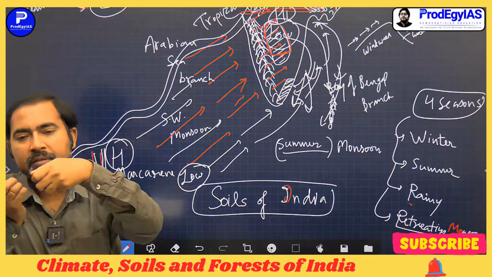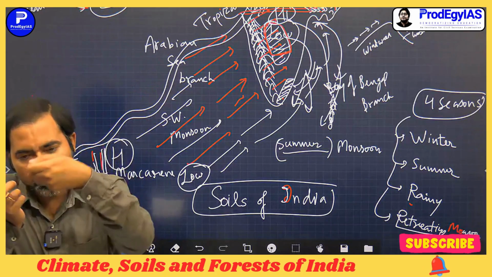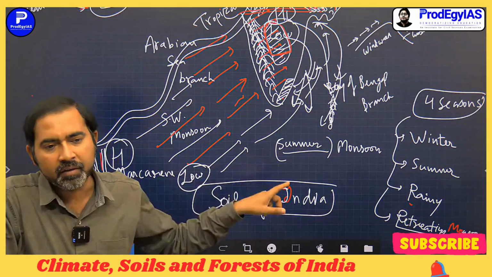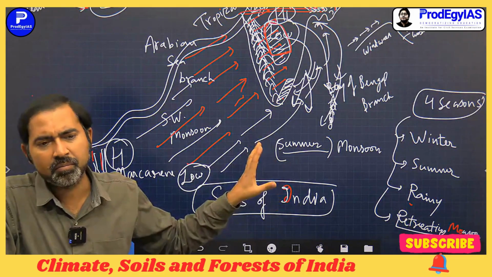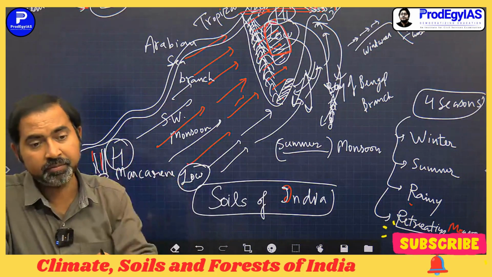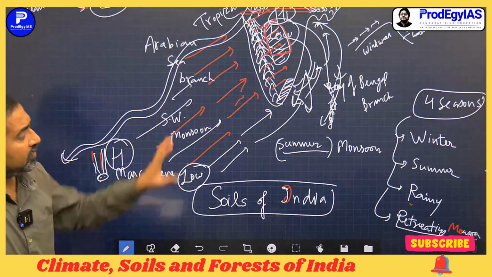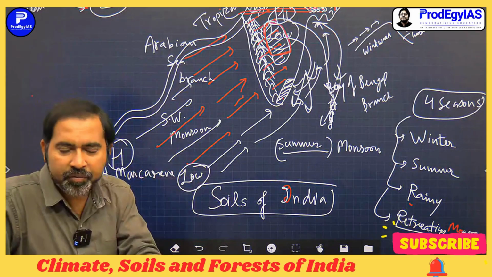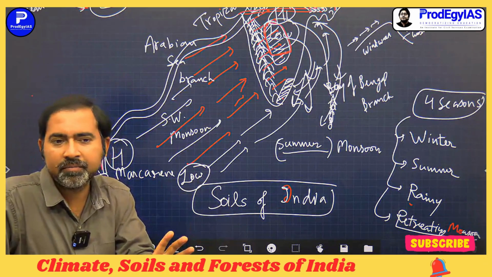Where they converge, there are fronts, and because of that frontogenesis, frontal rainfall occurs. It is not frontal, it is cyclonic. At most you can say cyclonic, but the rainfall type is convectional, right? So India receives orographic and convectional rainfall, but not frontal.